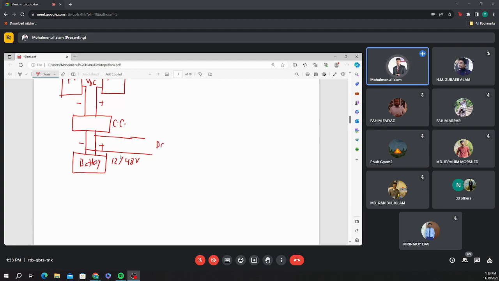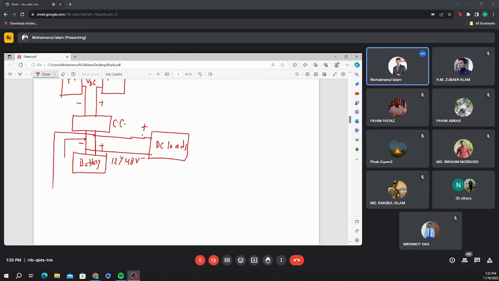Okay, we have a DC load, suppose fan, light, whatever, you can connect it directly to the DC load. Suppose I am considering it a light, and after that, if you want, you can use that power to invert, right? And to invert it, you need an inverter.